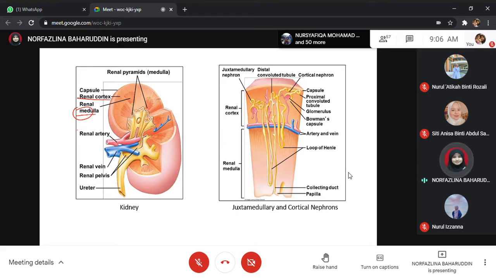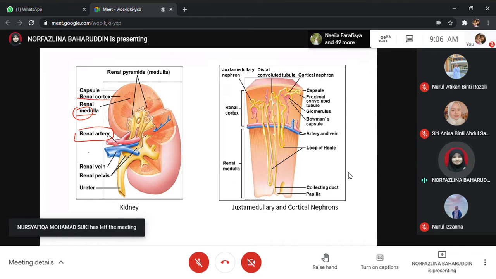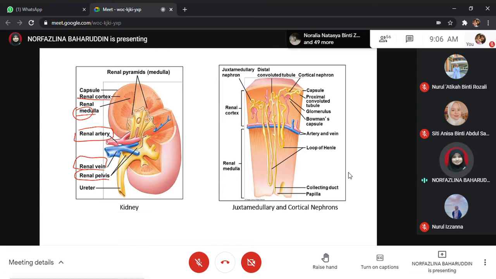So, we have renal artery, and also we have renal vein dekat sini, and renal pelvis ni dia akan receive urine from collecting duct, and dia akan channel to ureter. So this is the main structure of kidney, and kita tengok nephron pula.